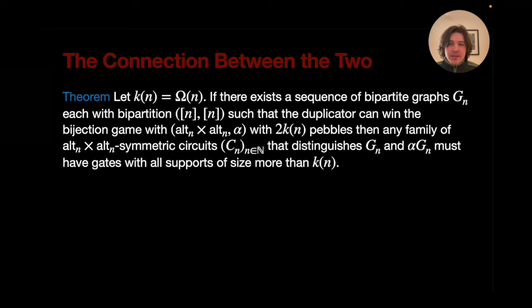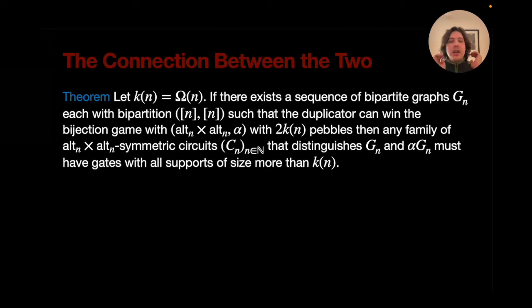So if we have this family of graphs, such that the duplicator can win the bijection game with the set of bijections generated by the group Alt(n) × Alt(n) and some alpha, with 2k pebbles, then any family of Alt(n) × Alt(n) symmetric circuits that distinguish the two graphs, G_n and some Alt G_n, which is really just a different representation of the same graph, must have gates with all supports of size more than k.